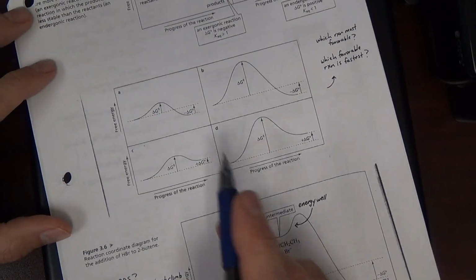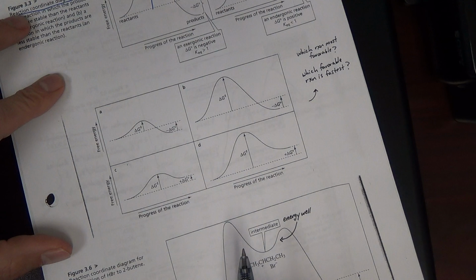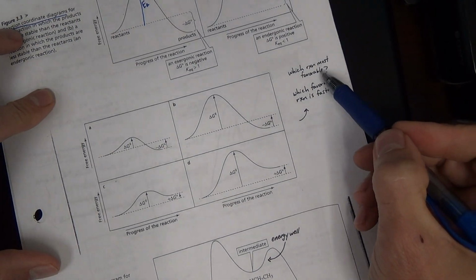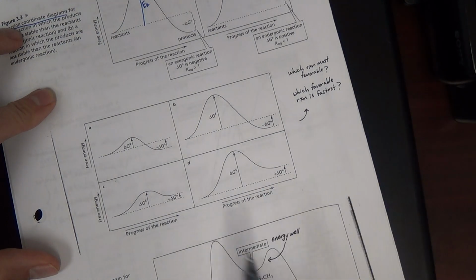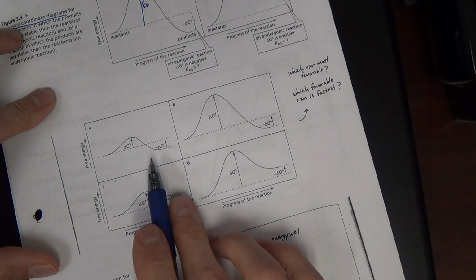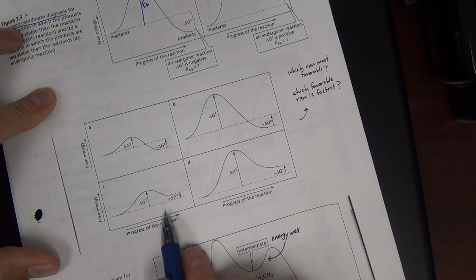Okay, let's look at these diagrams here in the middle. We can ask some questions. Which reaction is most favorable of these four? Well, it would be the top two, right? Because they're both exothermic. The bottom two are both endothermic.